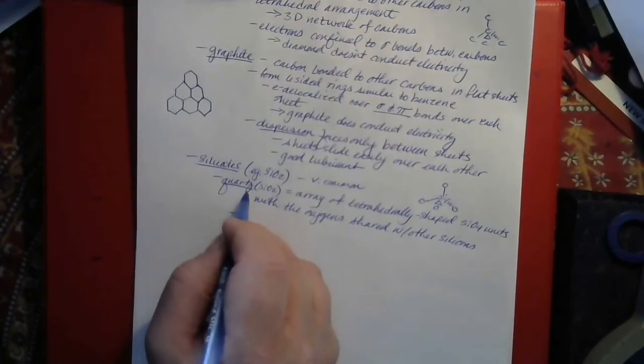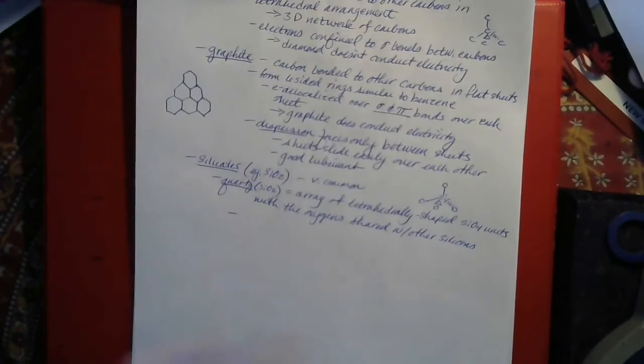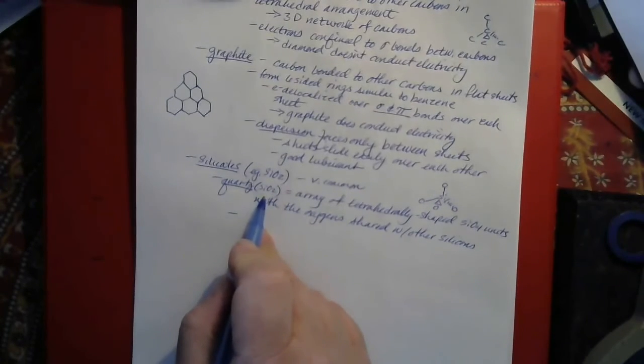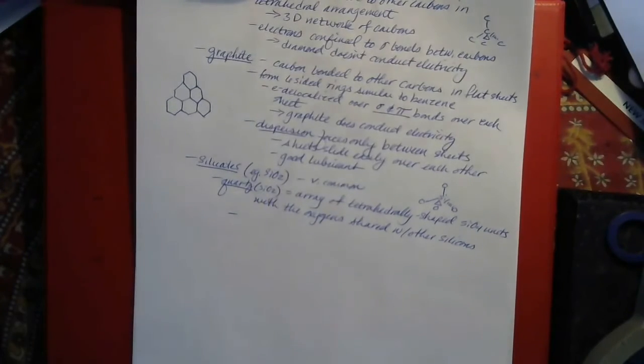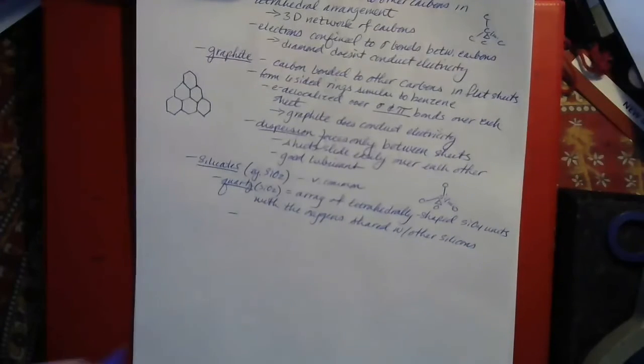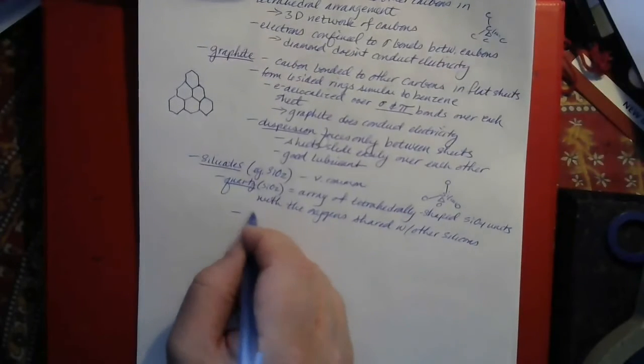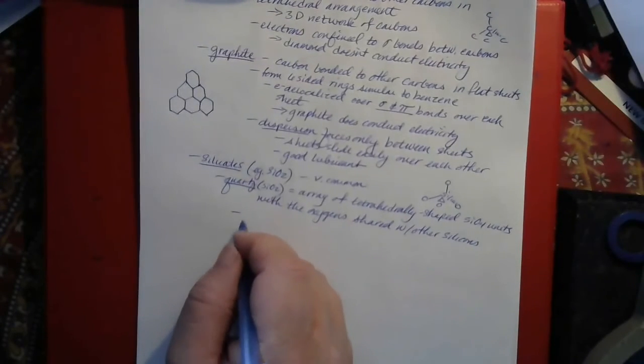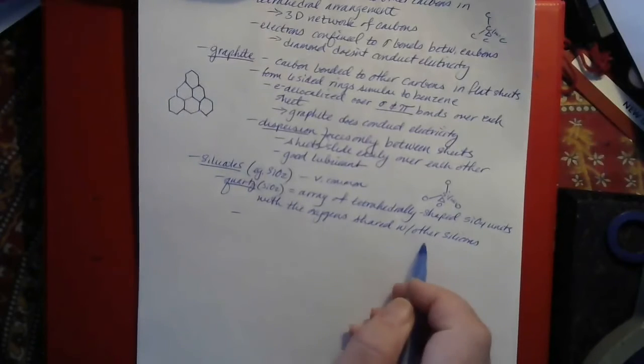The amorphous or non-crystalline form of silicon dioxide is better known as glass. So when you have a bunch of SiO2 molecules that are thrown in together kind of every which way, what you get is glass. Quartz, okay, so quartz is arranged like that.